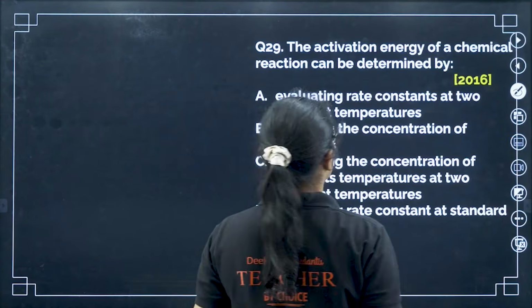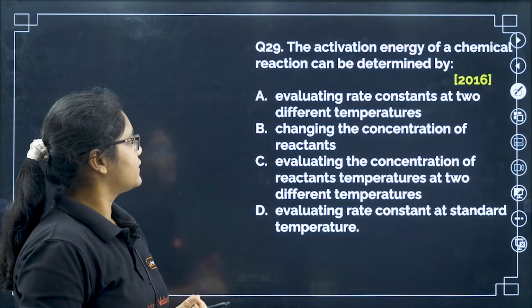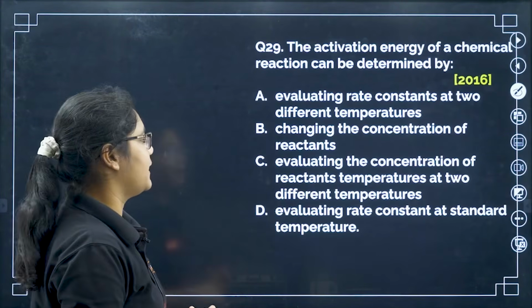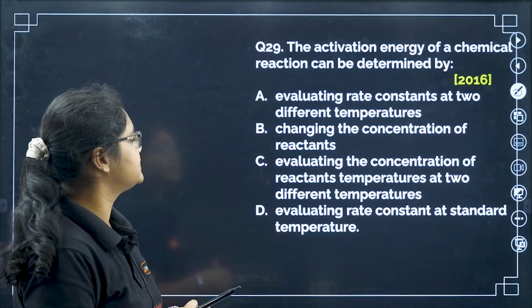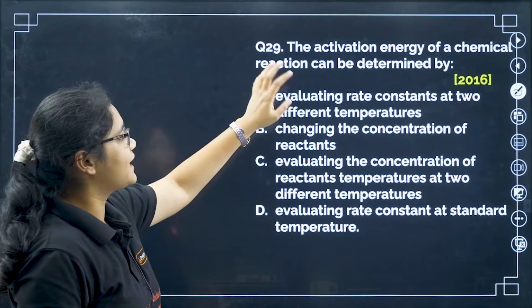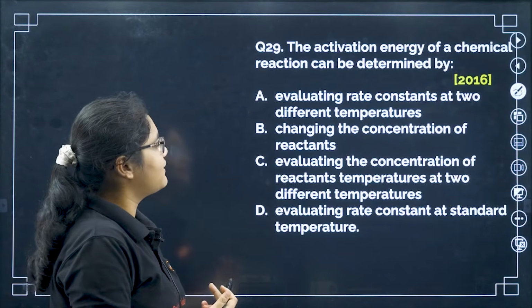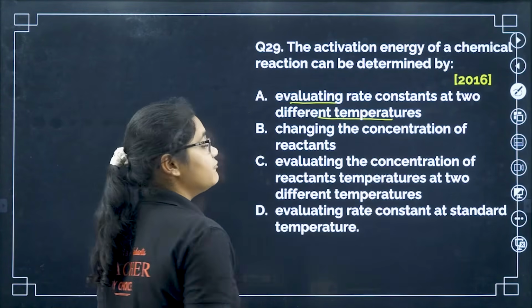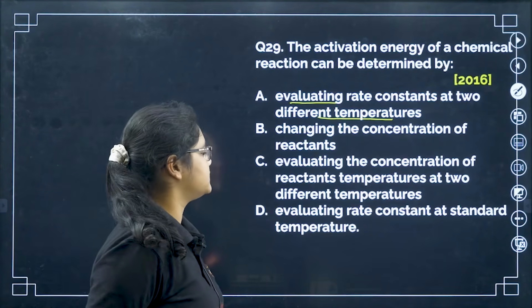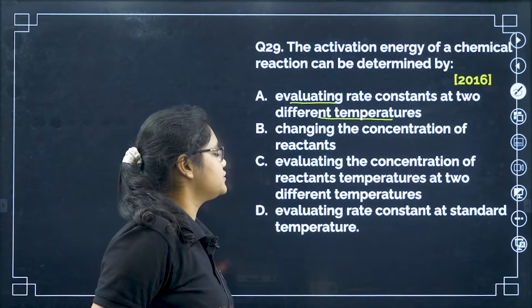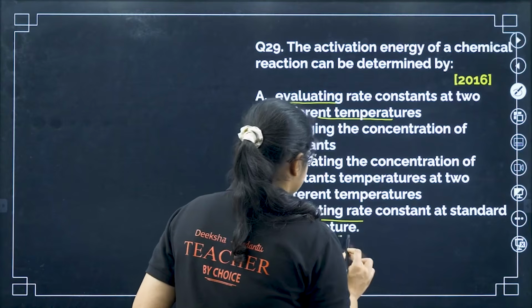Next, moving to question number 29. The activation energy of a chemical reaction can be determined by evaluating the rate constants at two different temperatures, changing the concentration of the reactants, evaluating the concentration of the reactants at two different temperatures, or evaluating the rate constants at standard temperature.